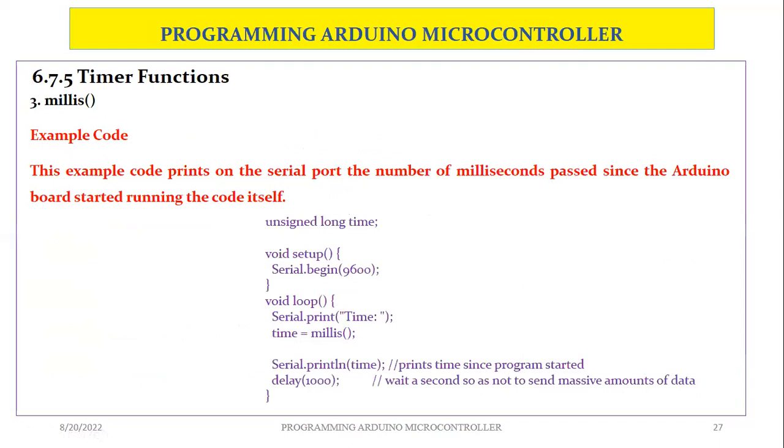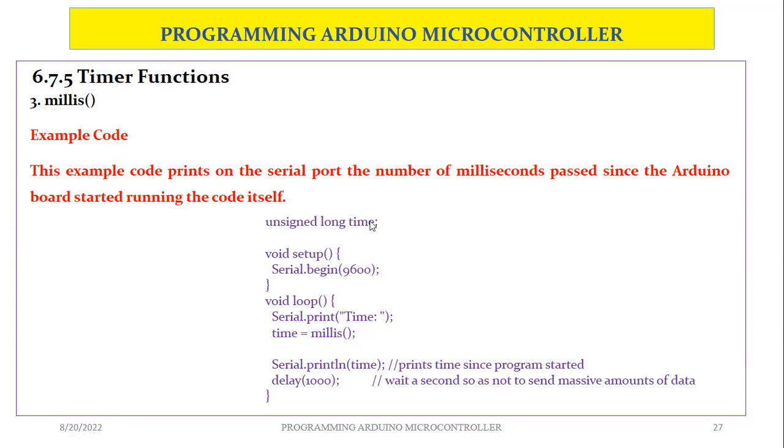An example of a program that illustrates how we can use or deploy the millis function is given here, where we use this code to print on the serial port the total time duration in milliseconds passed from the last time the microcontroller started running, or since it was turned on.